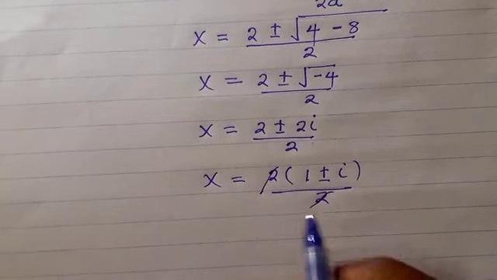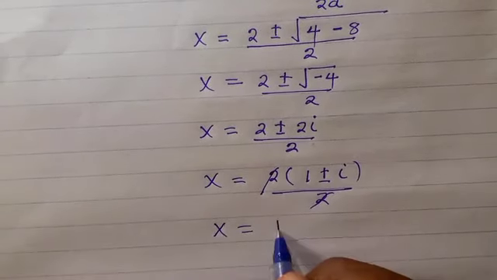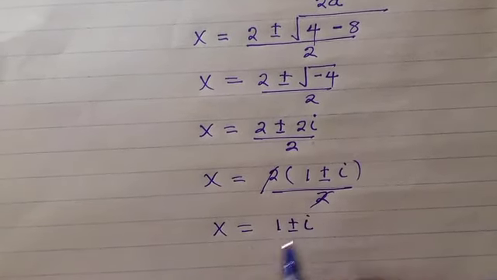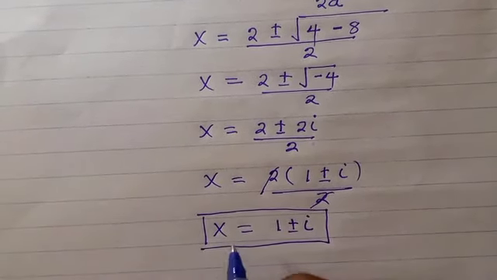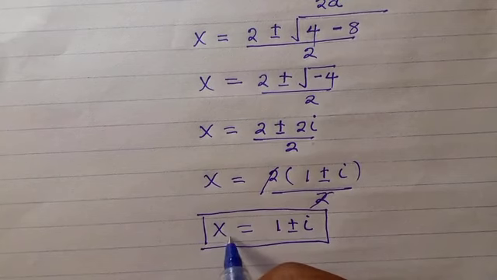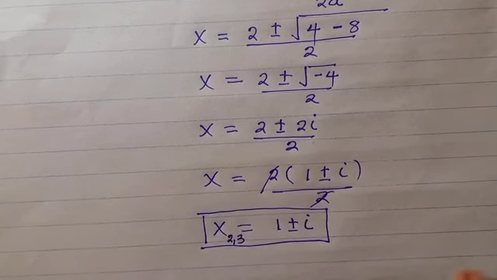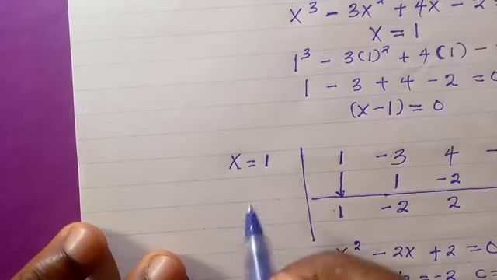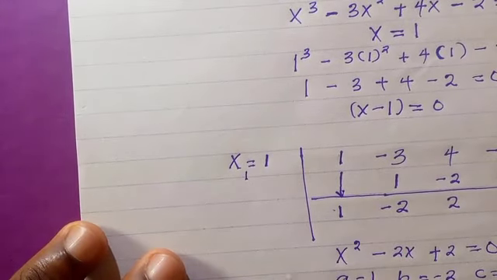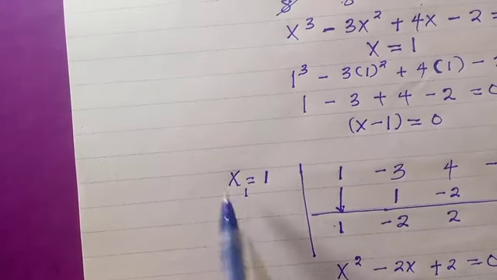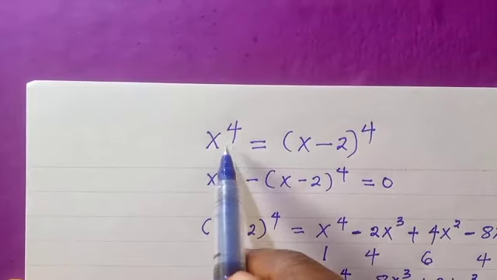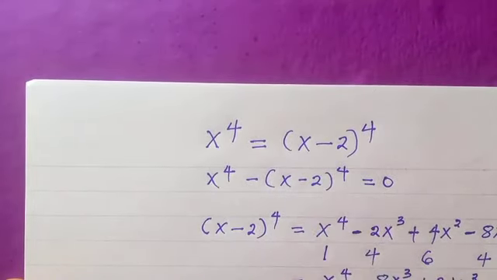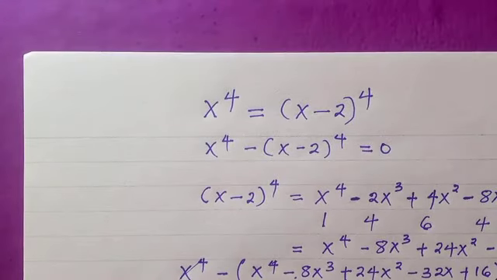So 2 cancels 2, and x equals 1 plus or minus i, which is the other root. I will call this one x2, 3, and this one x1. You can try to check this and plug it in. We are going to get that the left hand side equals the right hand side at x equals 1.